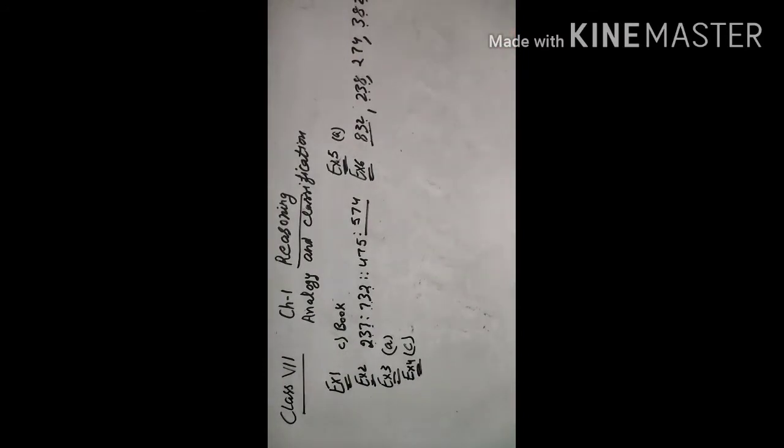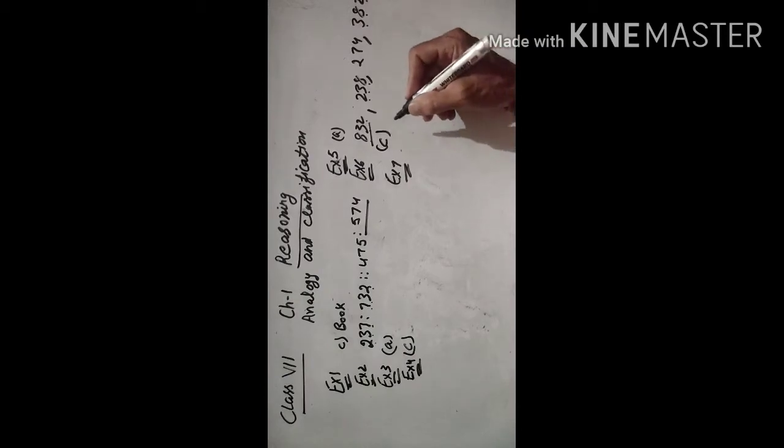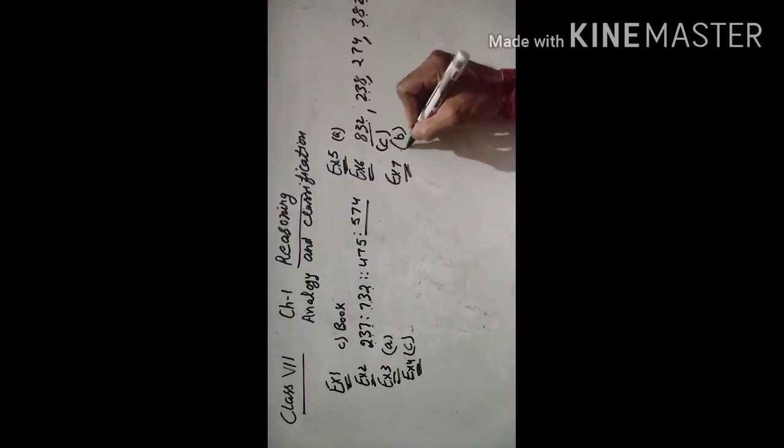Now in option C, 274, the option is C. C is the odd one. Example 7, that is find the odd one out. Mother, father, wife, sister. Mother, wife, sister, all are females, but father is a male. So option B is the answer.